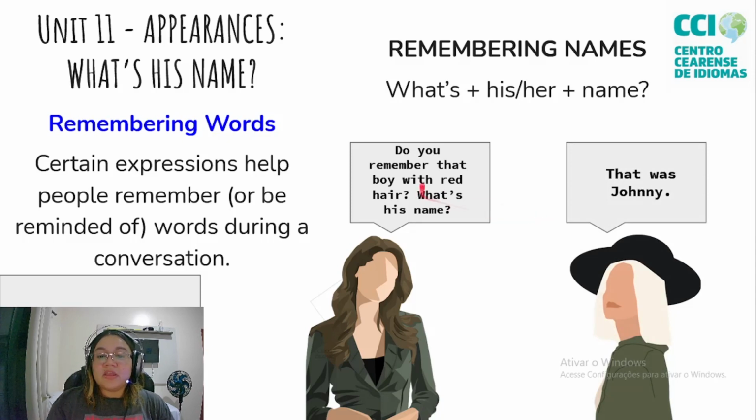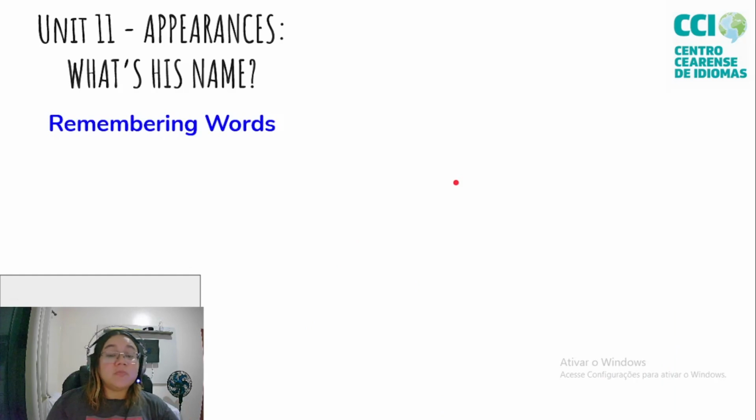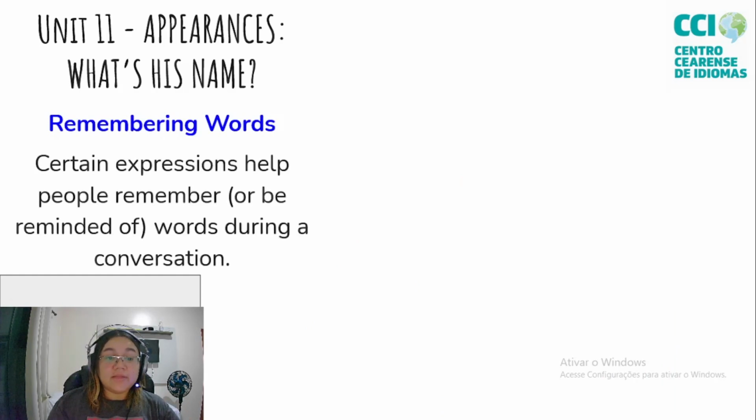So here she remembered that the boy had red hair, but she didn't remember his name, and her sister told her his name was Johnny. And we can also use expressions to remember other words, not just names.